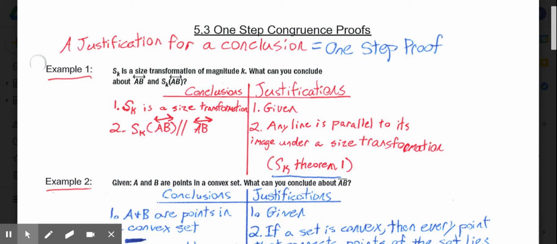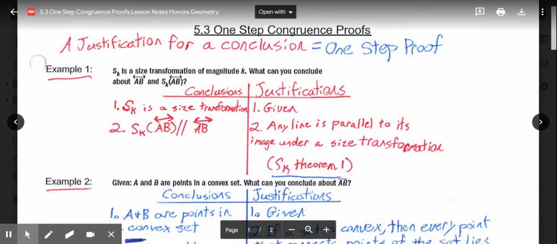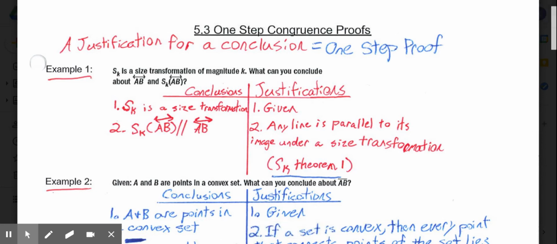Now, with any proof, the first statement you make or conclusion is what was given to you for information. So what they told us is S subletter K is a size transformation of magnitude K. Our justification is just given.